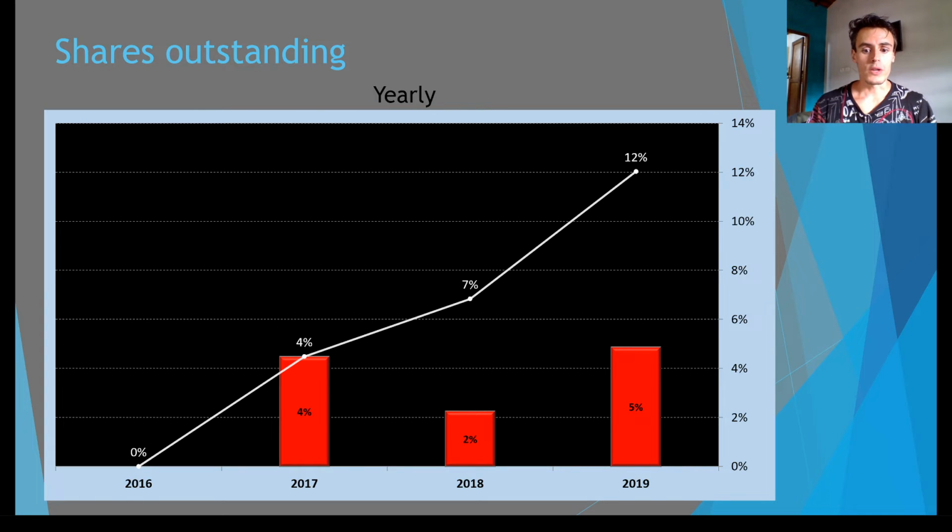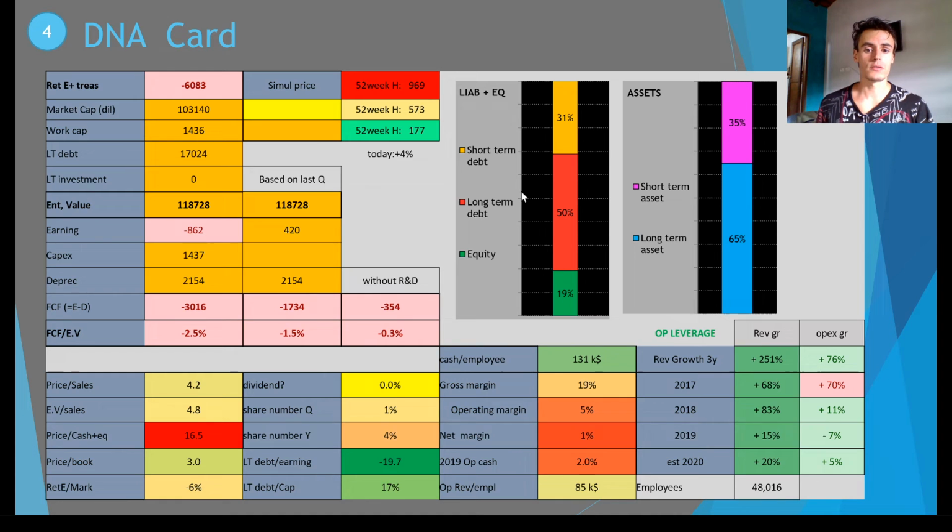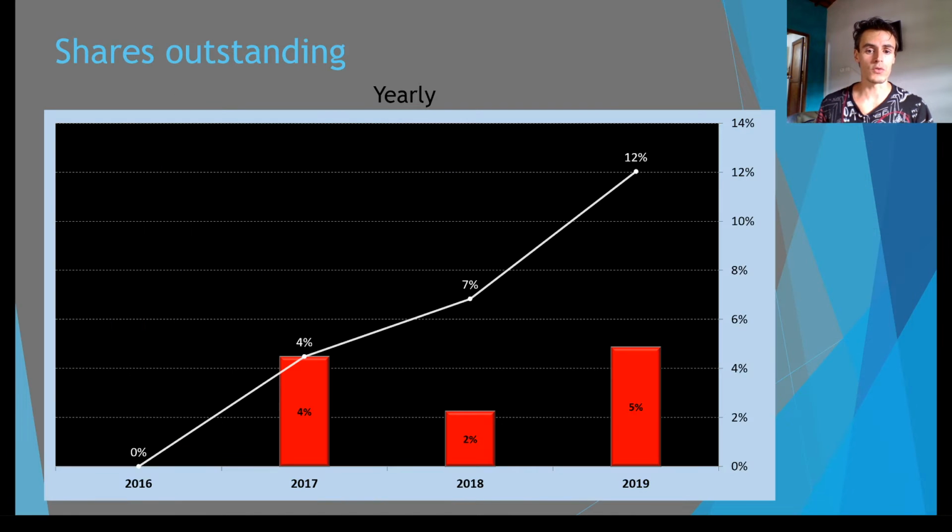Here also, I like to look at the number of shares outstanding, and cumulatively from 2016 to today, the share number increased by 12%. So it's not that good, but a growing company needs to fund some money via stock dilution.